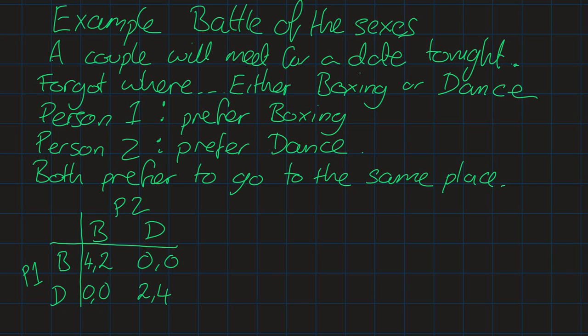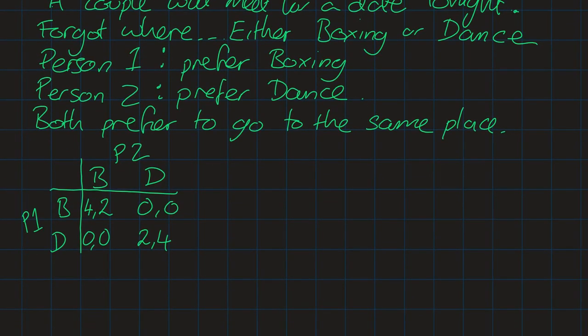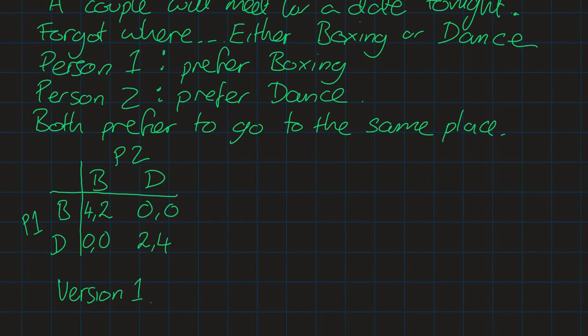This is the Battle of the Sexes, and we call this the Battle of the Sexes version number 1. We call it version number 1 because it doesn't take into account the fact that in this outcome here, person 1 is actually at the boxing and person 2 is actually at the dance. They're not together, but they're doing what they like. So they're still a little bit happy.